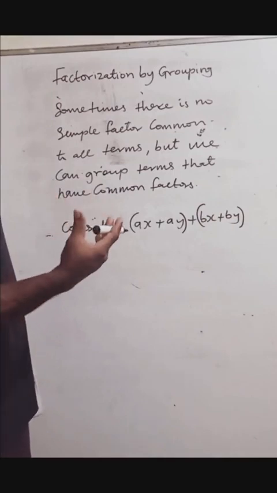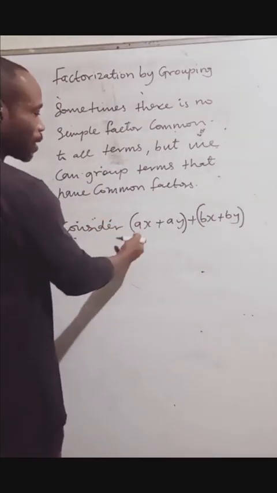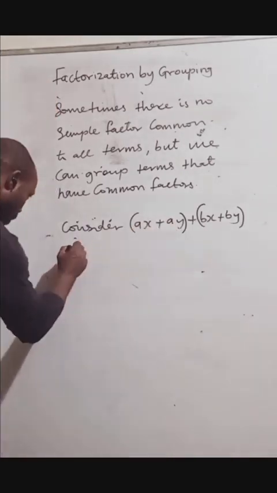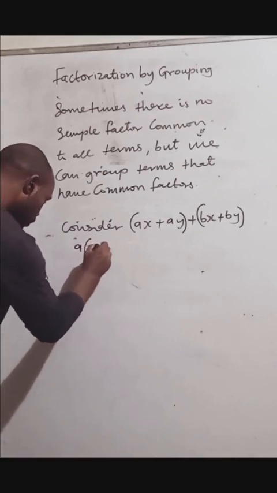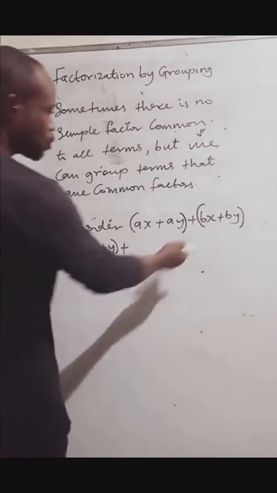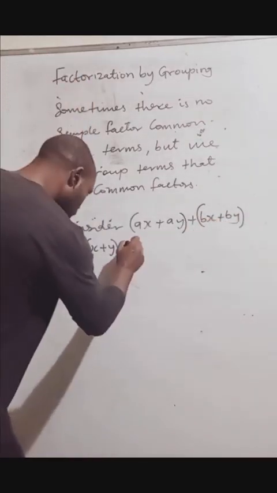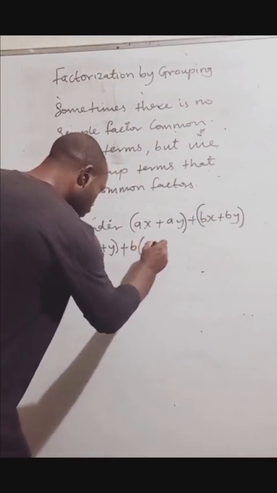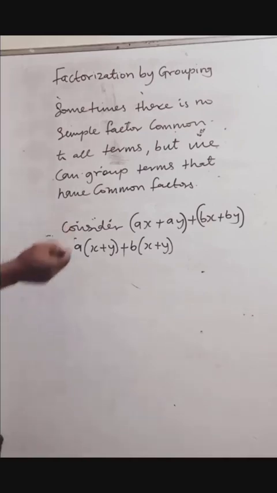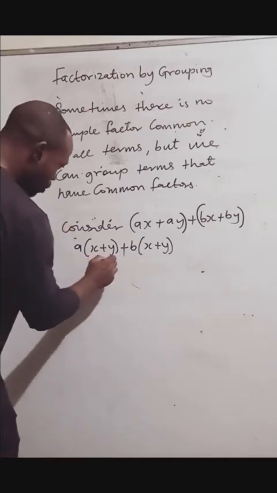Then after that, what am I going to do? I will look for the factors of ax and ay. The common factor of ax and ay is a. And the common factor of bx and by is b. Now you can see that we have a common x plus y.